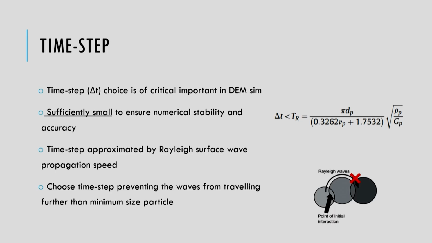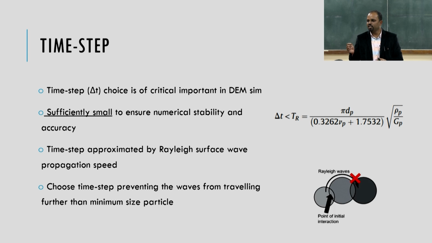Another important criterion is the time step, which we also call the numerical time step. This is the minimum time taken while iterating in the simulation. It is defined by the Rayleigh time, the Rayleigh wave. This wave is a surface wave, and we can define its speed by this formula on the right side.